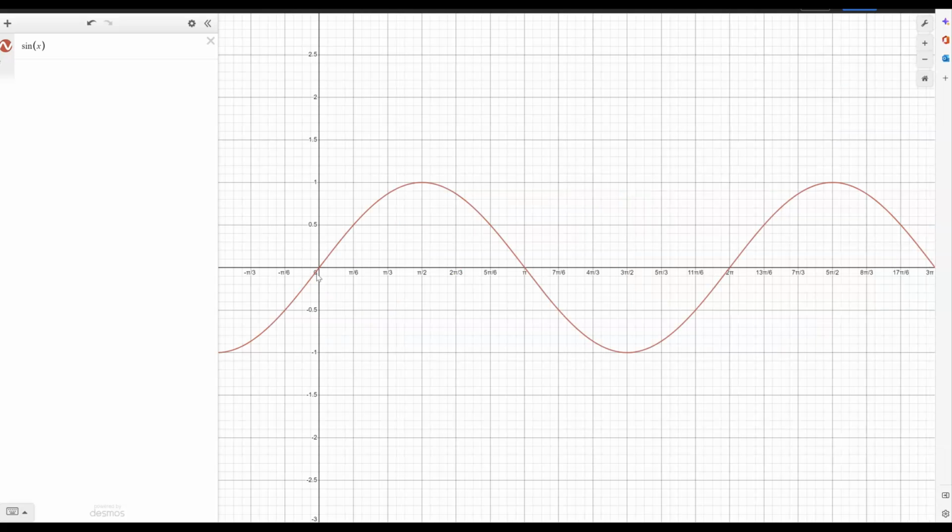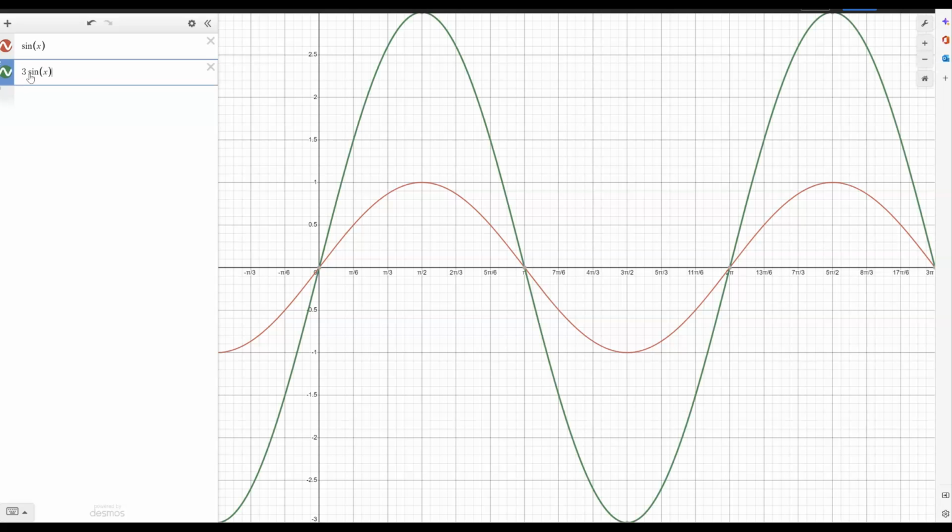This sine function starts at 0, 0, its highest point goes up to 1, and its lowest point goes down to -1.